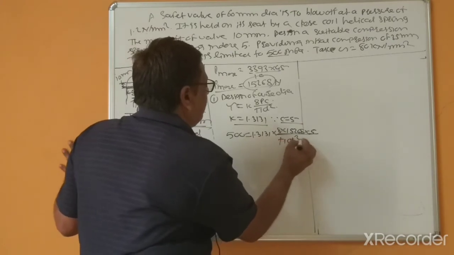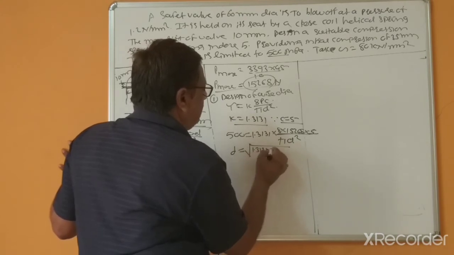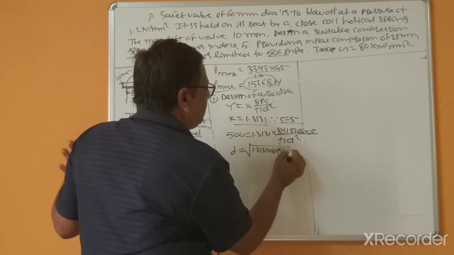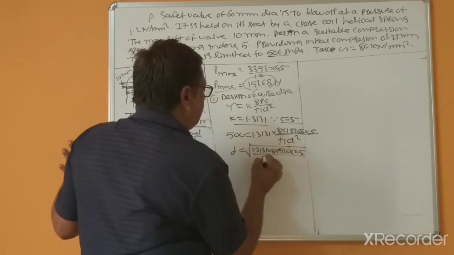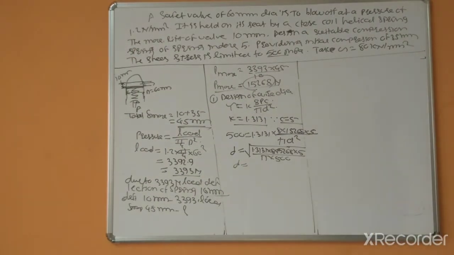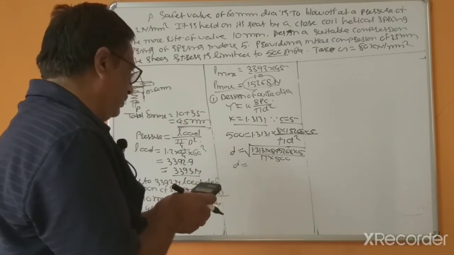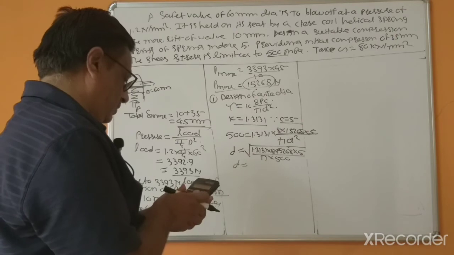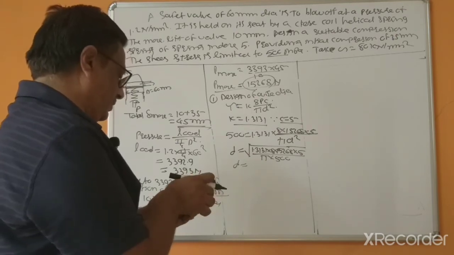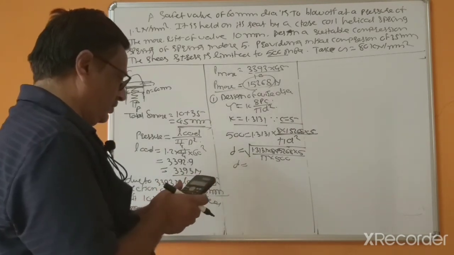That's why pi d squared, d equals the square root of 1.31 into 8 into 15268 multiplied by 5 divided by pi divided by 500. d is the wire diameter.